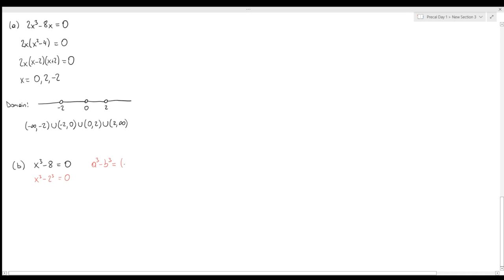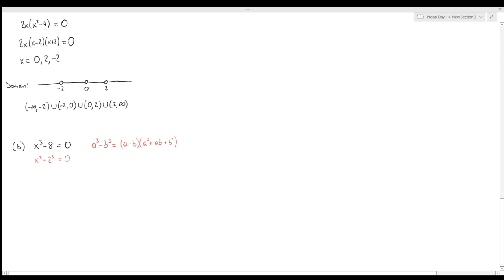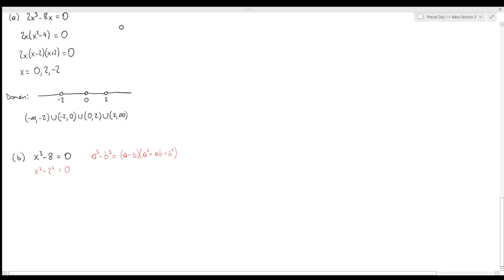It's a minus b times a squared plus ab, and then plus b squared. Okay. So we can use this formula to factor x cubed minus 8.